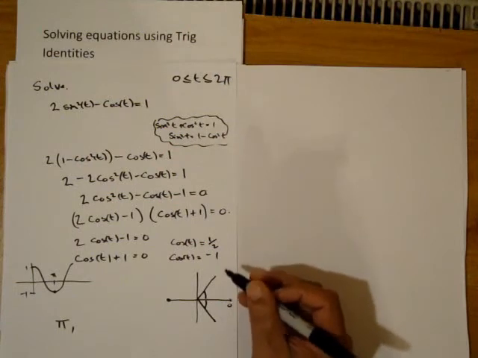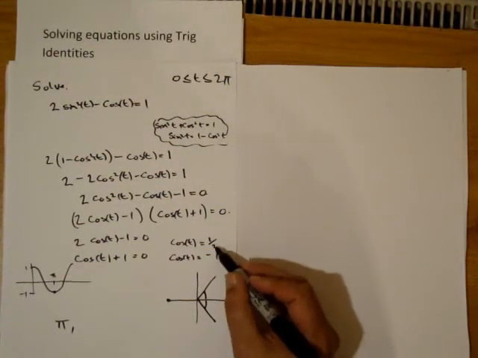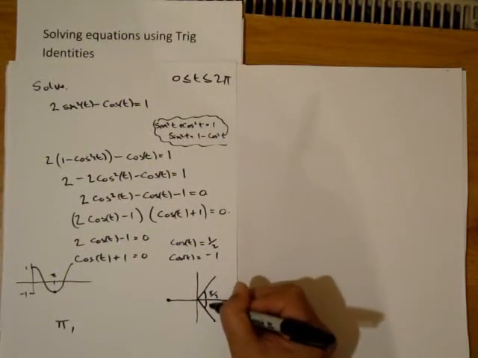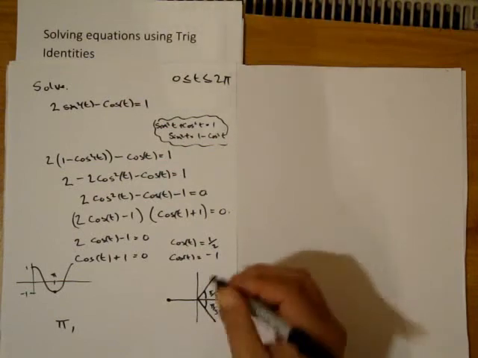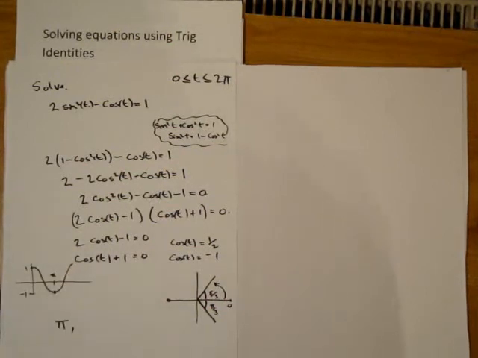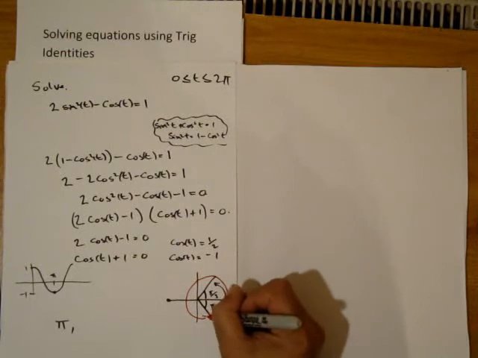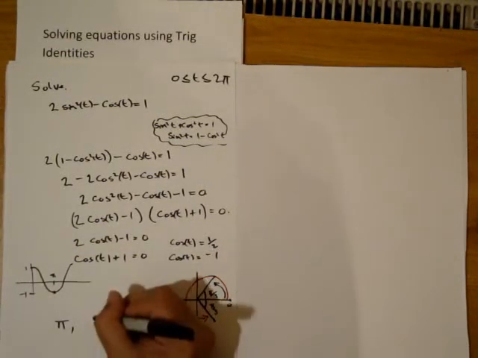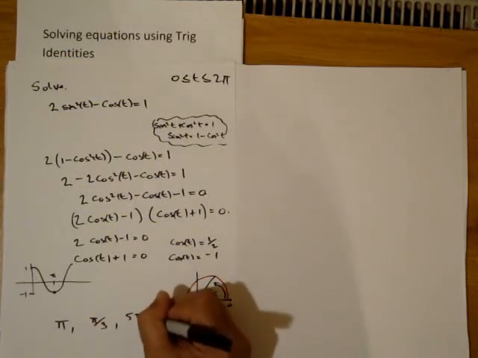So when cos t equals a half, this is pi over 3, and this is pi over 3. And the solutions we're interested in is pi over 3, which is up to here, and then also going round to over here. So the solutions are pi over 3, and 5 pi over 3.